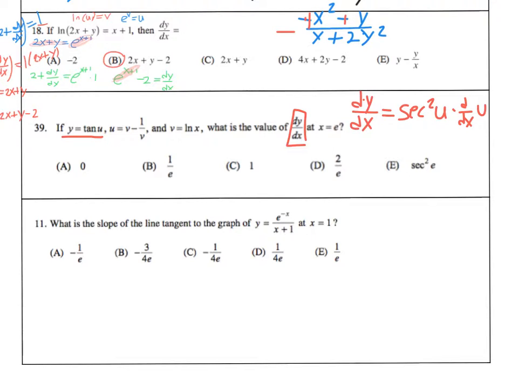Okay, I'm going to plug my u's in because I might as well. So you've got dy/dx is equal to secant squared of v minus 1 over v, ugh, and that's multiplied by the derivative of that, because that's what u is.